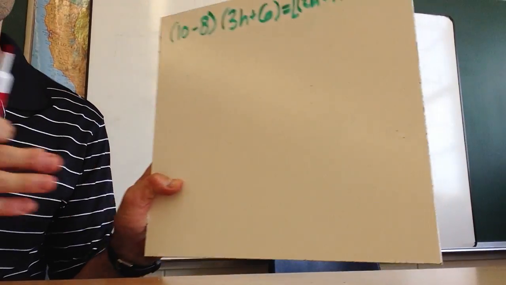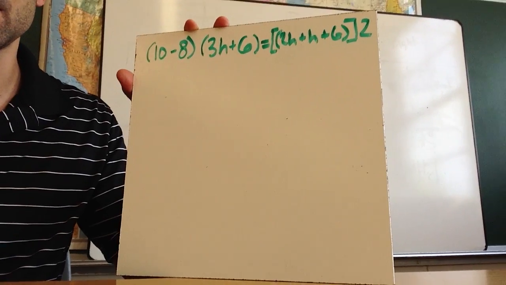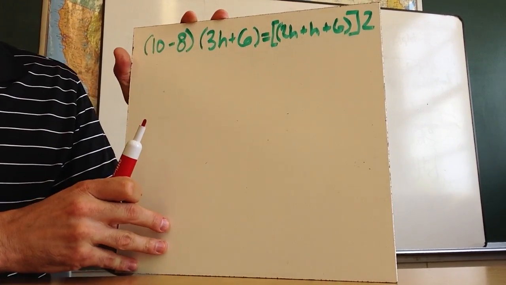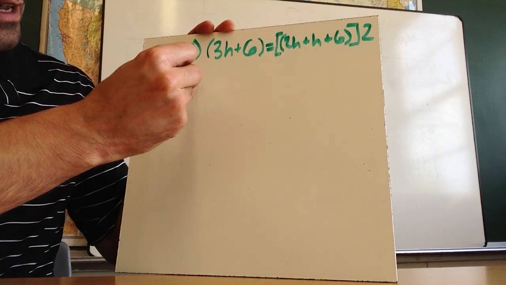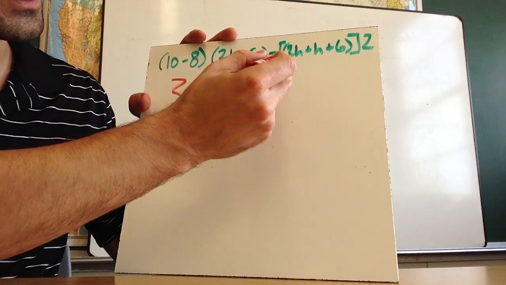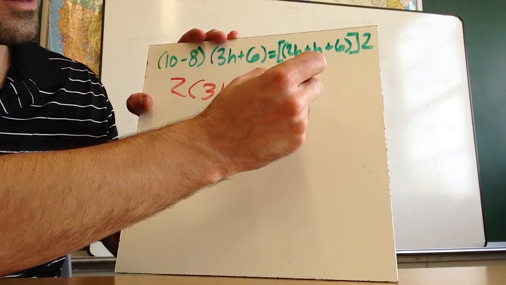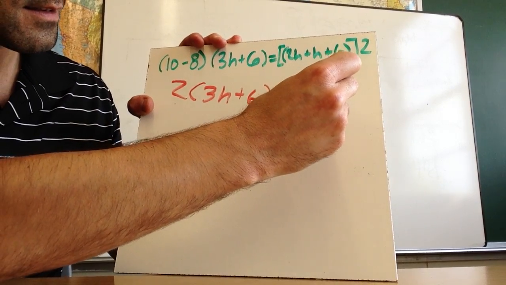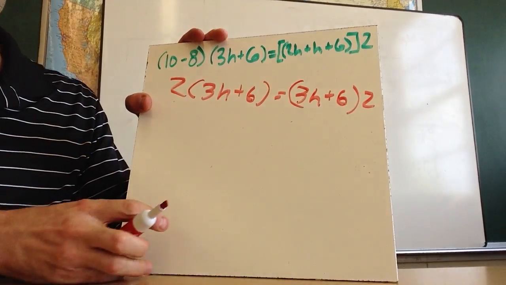Now another interesting example, and I apologize, there's a lot of parentheses in this one. So I'm going to use order of operations to get myself here, but this is 2 times (3h plus 6) equals, and if I solve this, this becomes (3h plus 6) inside of the brackets times 2.